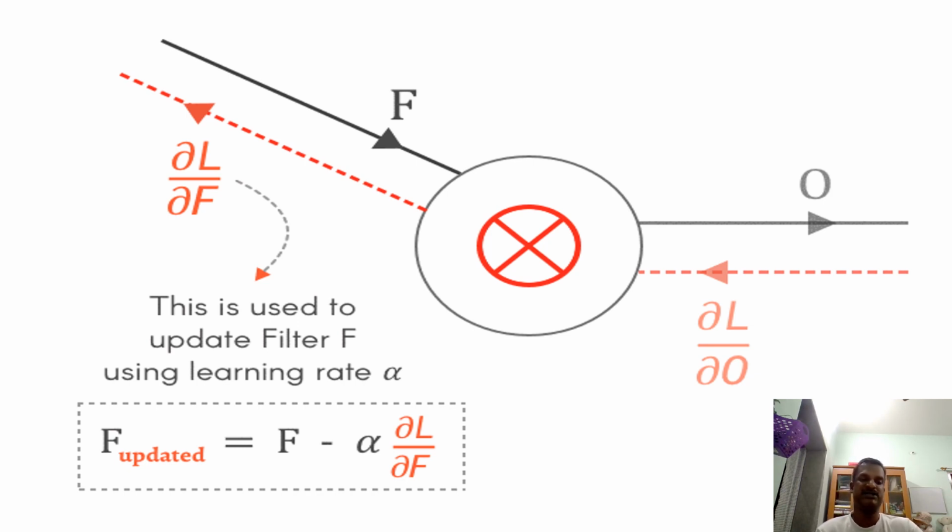Here, that differential change is given by dou L by dou F. So, F updated is equal to F minus alpha into dou L by dou F. So, when dou L by dou F is negative, the overall equation becomes positive. When it is positive, it will become negative.